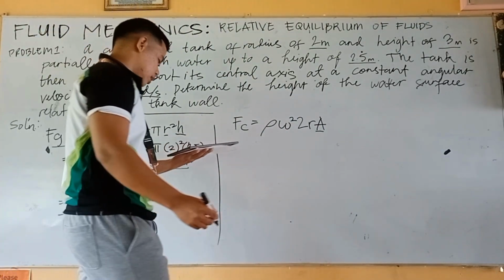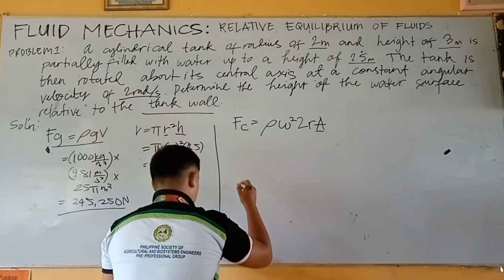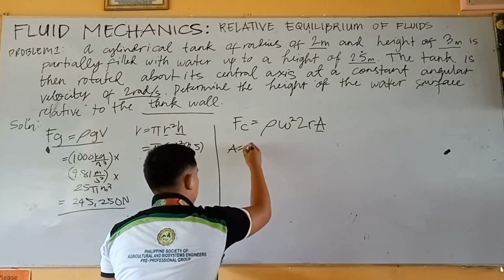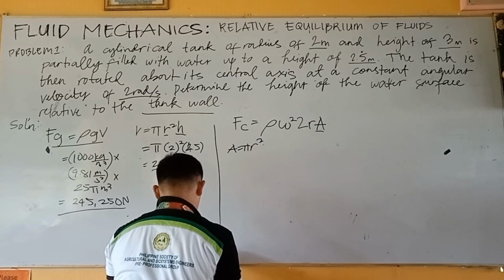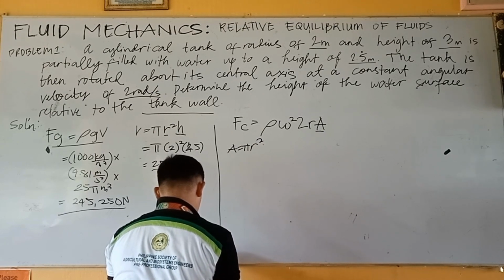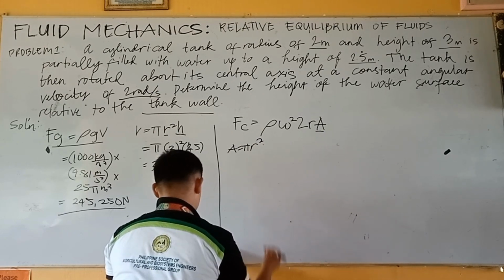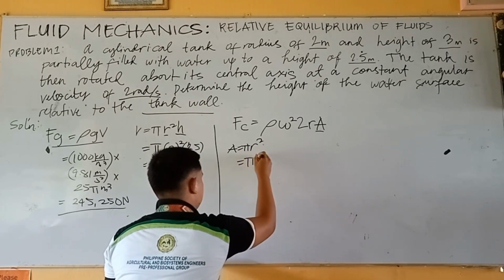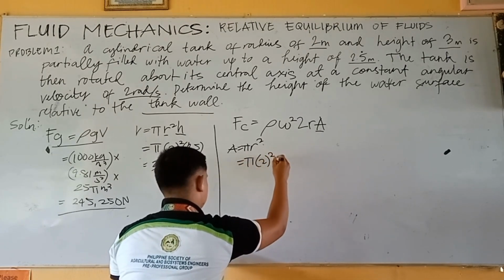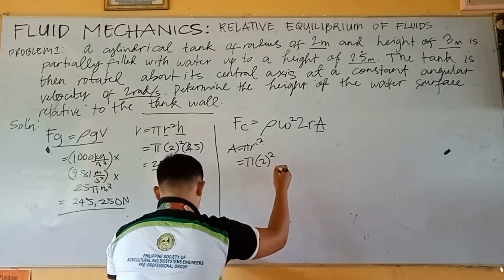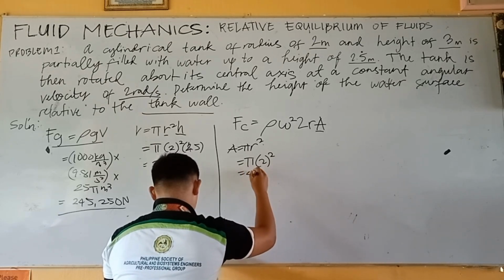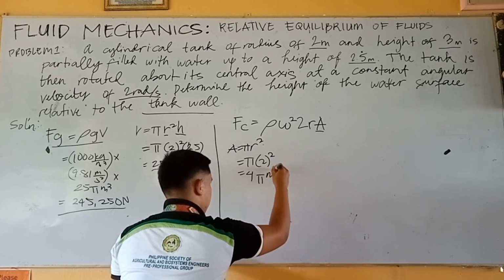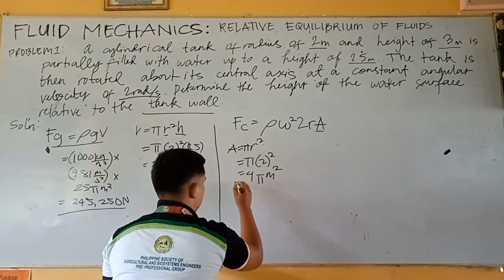The area equals pi r squared. We know that the radius is 2, so pi times 2 squared is equal to 4 pi square meters, the area.